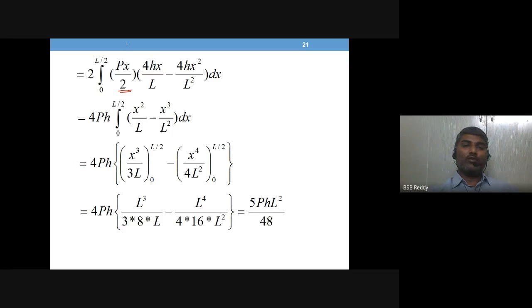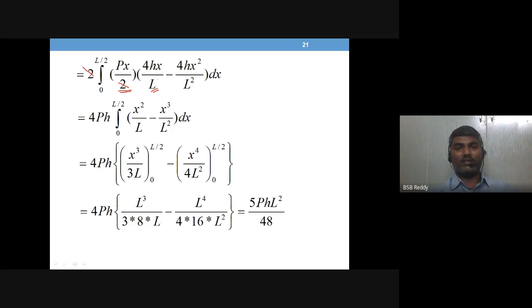So 4hx by L square was there into L, and L square in the denominator, so it will be L. Similarly 4hx multiplied by x will be x square by L square. This is the next step of simplification. Further, this 2 you can cancel out with this 2, and if it is a constant it can come out of the integration.